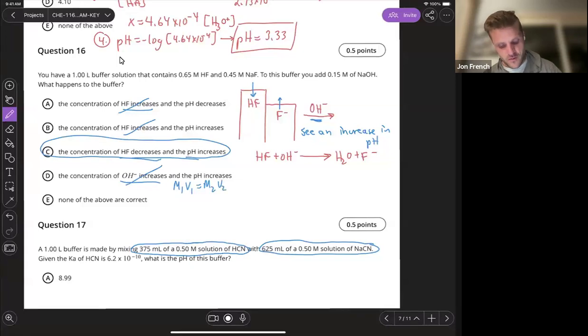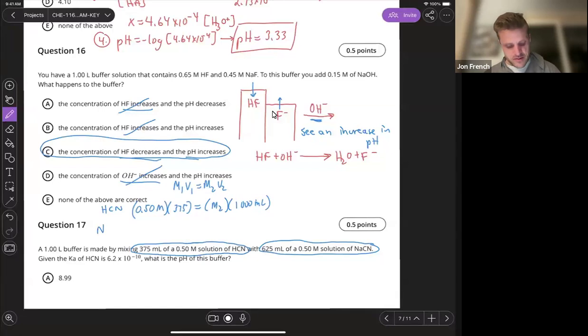So we'll do that for hydrogen cyanide. My initial concentration is 0.5. My initial volume is 375. My new concentration is at my final volume, which is 1,000 milliliters.